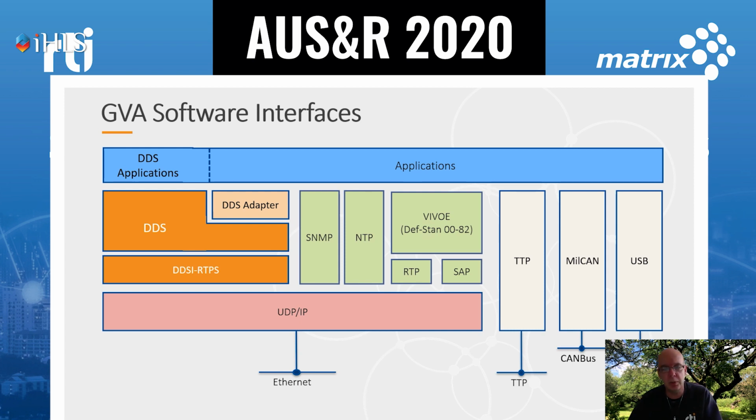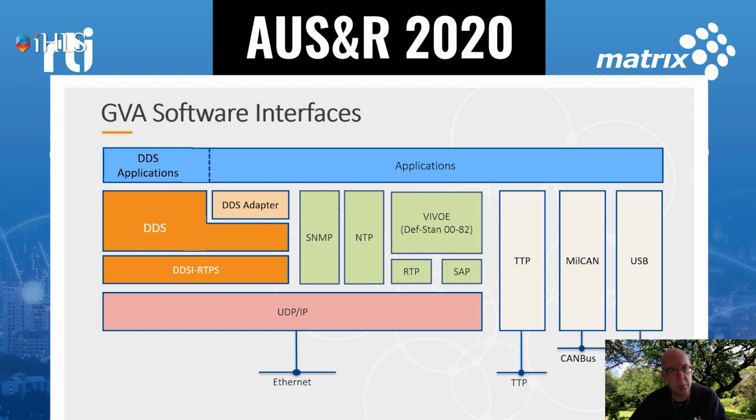The GVA components are completely vendor agnostic, as is DDS that's used within GVA. But DDS is the mandated middleware layer, the logical bus that connects all the separate subcomponents within the generic vehicle architecture based vehicle.